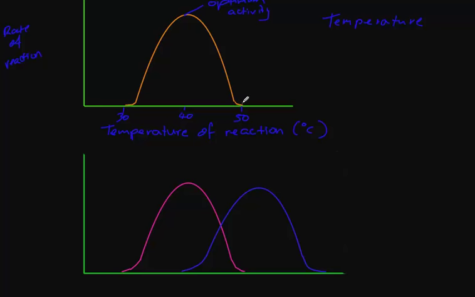Once it goes over, say, 50 degrees or, to be more precise, over 60 degrees, the enzyme actually denatures. So denaturing is a complete change of the shape of the protein, and it's a permanent change of the shape of the protein. Think about cooking an egg, the clear, translucent part of the egg turns white.